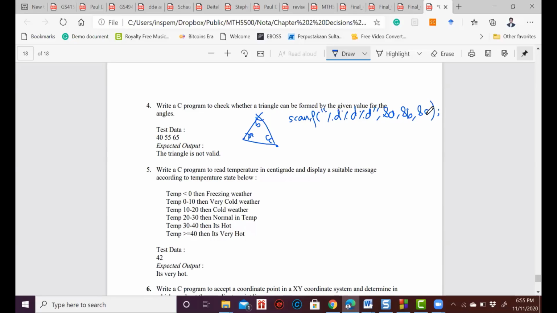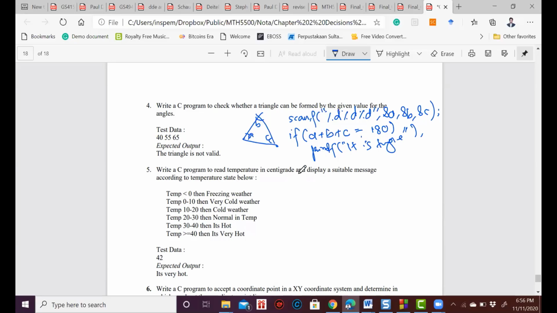Let's say this one is triangle. And then we determine if A plus B plus C equals 180, correct? 180. Yes. And then printf, it is triangle, whatever, it is triangle.